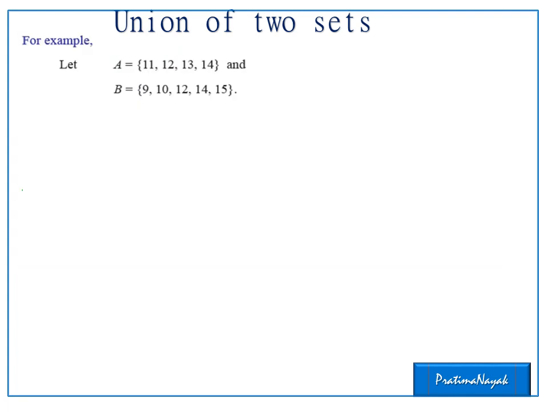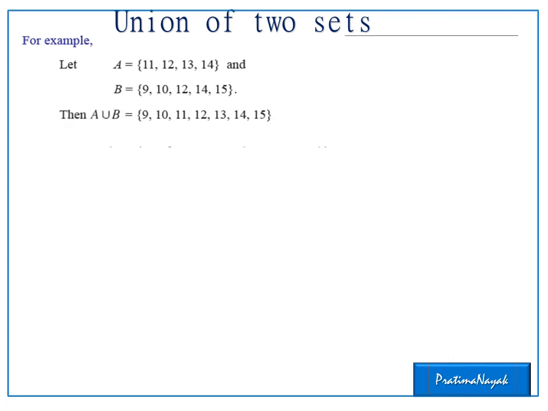Let's take an example. A is a set contains element 11, 12, 13, 14 and B is a set contains the element 9, 10, 12, 14, 15. So we have to find A union B. So you will combine all the elements of A and B and one element will be written once. That means there will be no repetition.